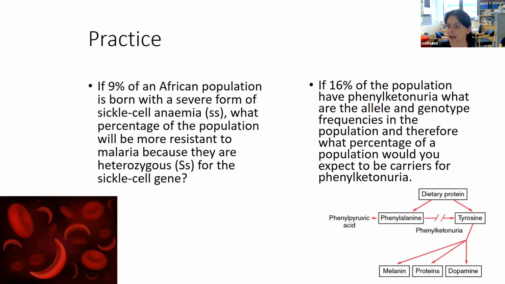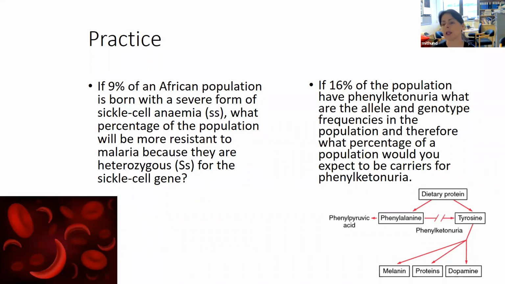So in this case here, our 9% in this population is the same as p squared. So if we want to find out what p is, we do the square root of 9%, which is 0.3. And so now we know that p is 0.3. We know that q is 0.7.